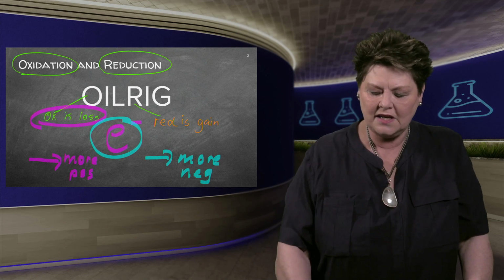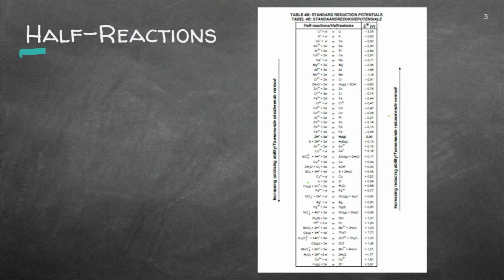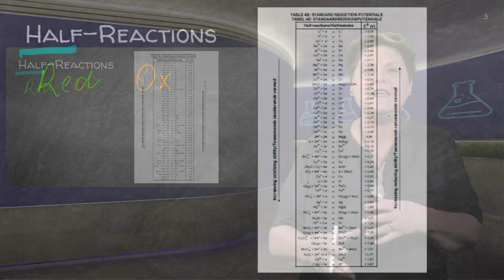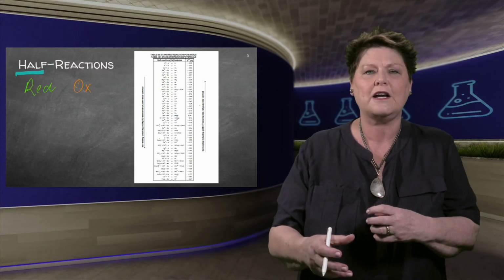And as you can see, it is actually a half reaction. One of the reactions will be a reduction reaction, and the other one will be an oxidation reaction. So we've done oxidation numbers. That's one way of seeing if it is oxidation or reduction.